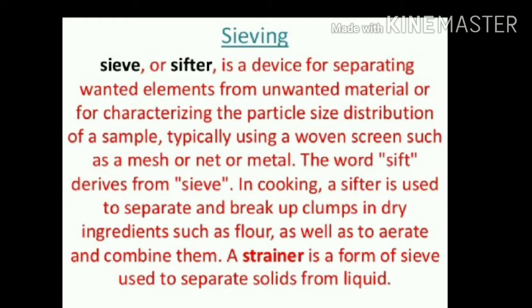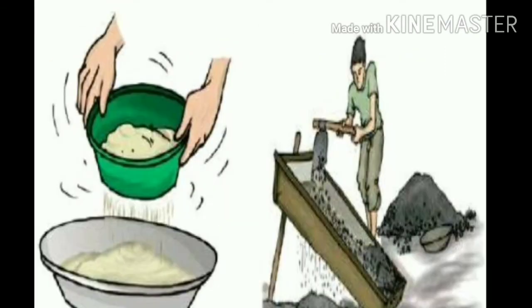So just see here how these sieves are used. Yes, here in the first picture you can see the flour is sieved, and in the other, yes, here the person is doing what? He is separating the small sand from the large one.